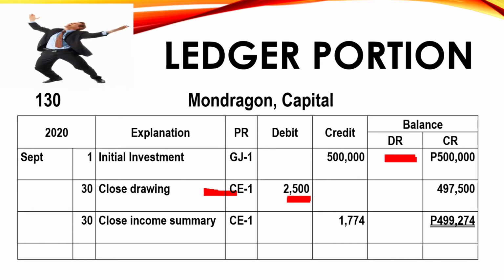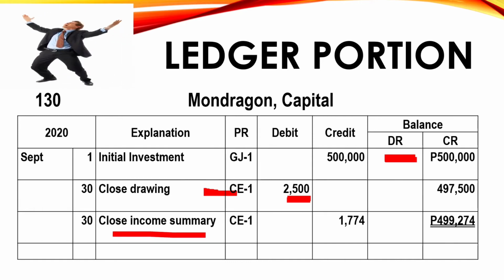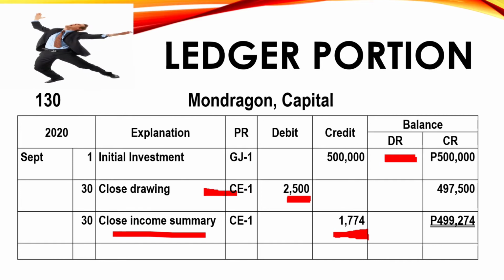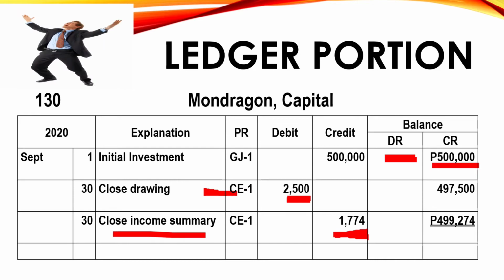And then, we have the closed income summary of, what is this? 1,774, or the net income. The net income is added to the capital, and drawing is deducted from the capital. So, in here, 500,000 less 2,500 will be 497,500.